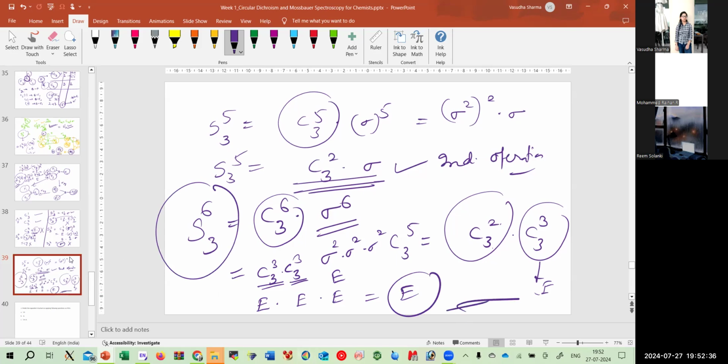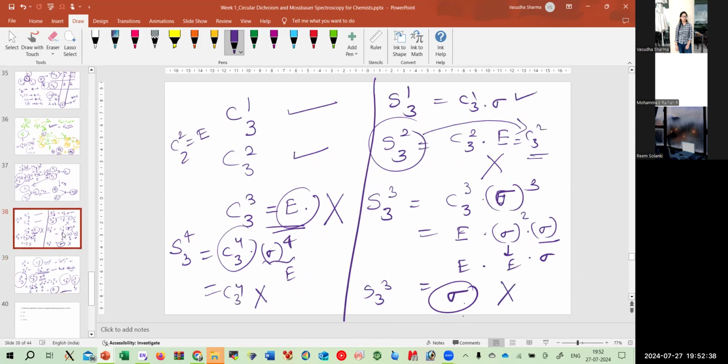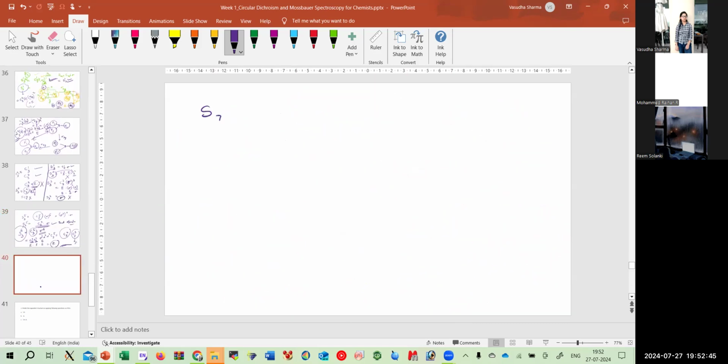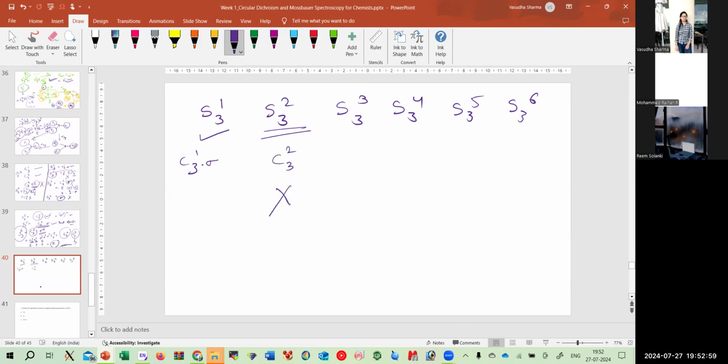Right? So we came up to 6 operations, but out of all of them, if we write in a summarized manner, our S31 exists because this was a combination of C31 and sigma. S32 becomes C32. So this can't be counted. S33 becomes sigma.